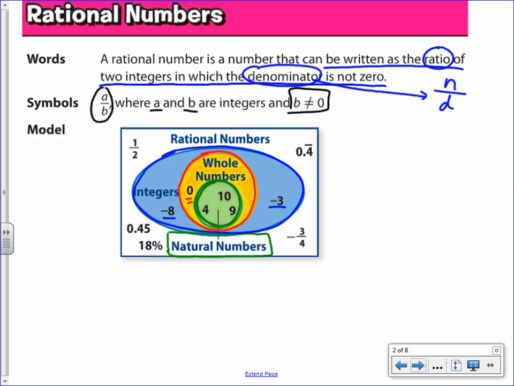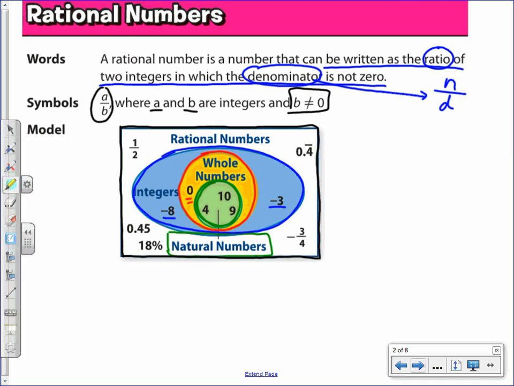Then the big box on the outside is labeled rational numbers, and that's what this chapter is about. Rational numbers include natural numbers, whole numbers, integers, and everything out here in the box. In the box, we have a fraction, 1/2.